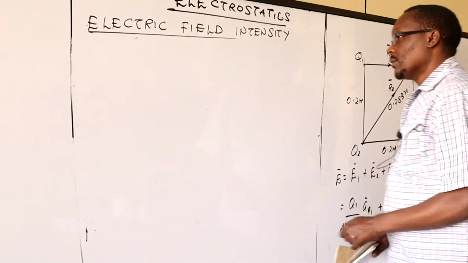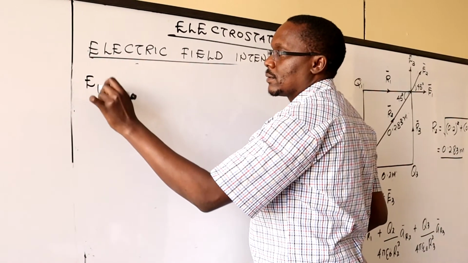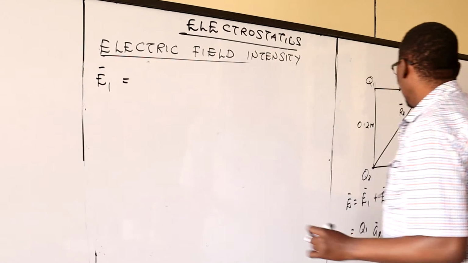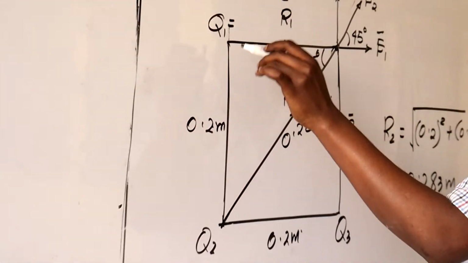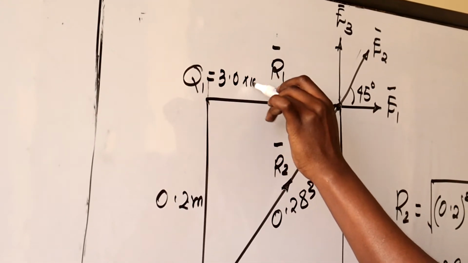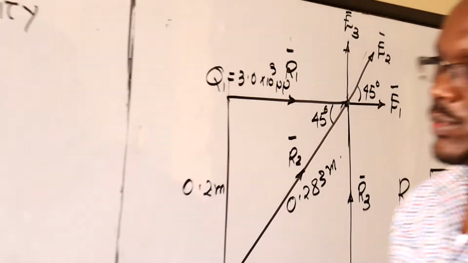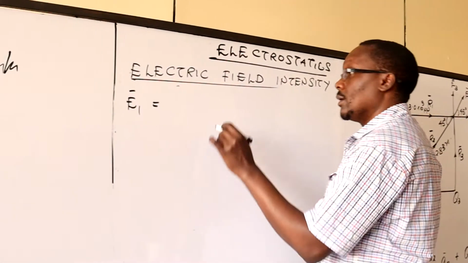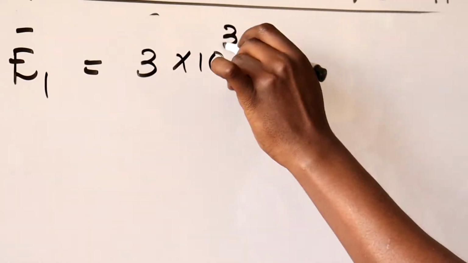So now let us solve our question. Let us get E1. So E1 must be what? Remember these values are in micro. The charge is 3.0 times 10 to power 3 micro, so instead of that, we'll have 3 times 10 to power 3.